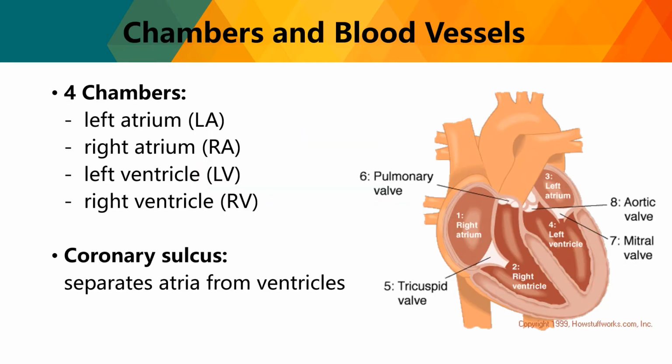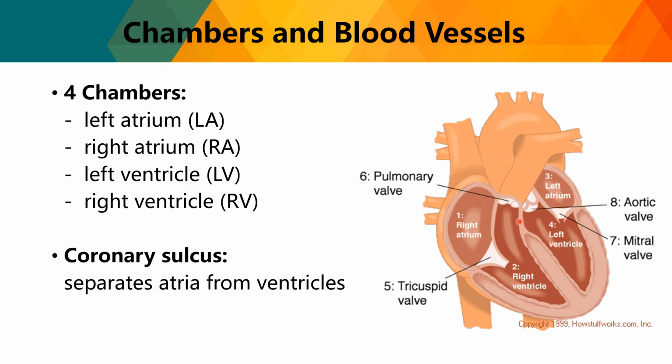For the chambers and the blood vessels, your heart has four chambers. First is your left atrium. Next is your right atrium. Next is your left ventricle, and then you have your right ventricle. And then you have your coronary sulcus in the middle.